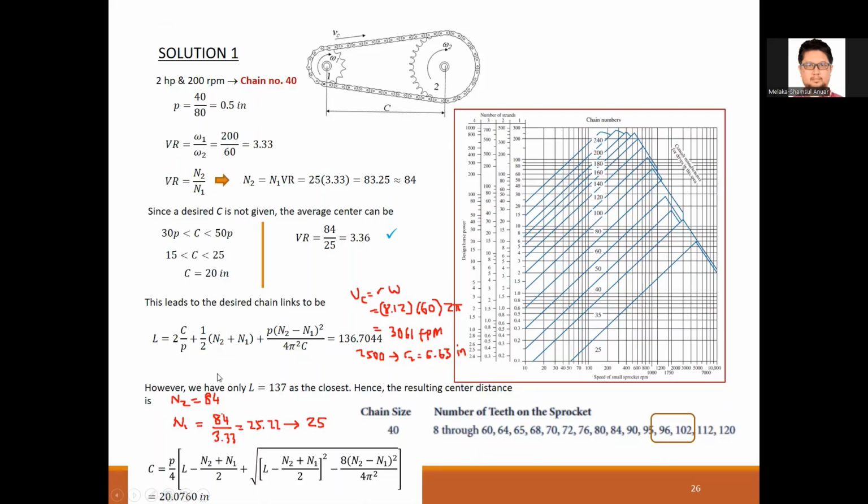All right, however, we only have 137. Here we calculated the number of links is 136, so that is 137.